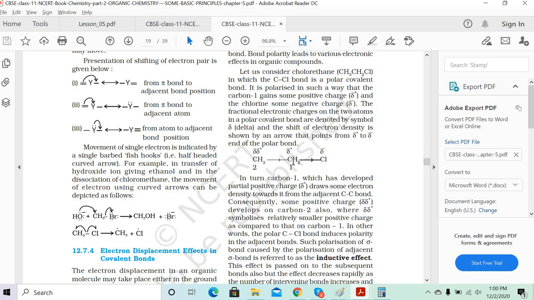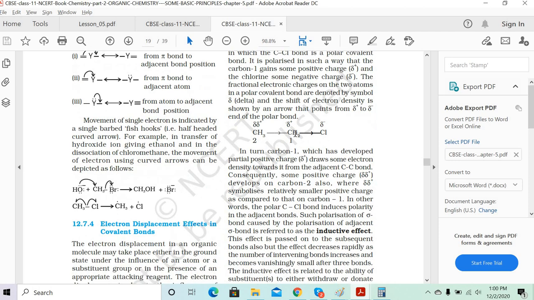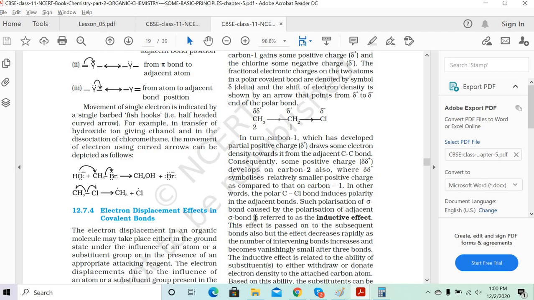Because of the movement of electron density towards the first carbon from the C-C bond, the second carbon atom develops a delta positive charge. Delta means a very slight charge. The strength of this charge is minimum compared to the strength of the charge on the first carbon. Did you understand this part? Yes, sir.